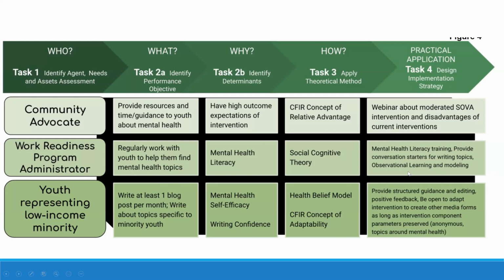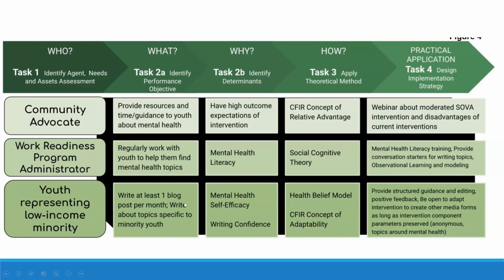And then they also might do observational learning and model to the young people how to write about these mental health topics. Okay, and then the last part is these youth who represent the low-income person, okay?